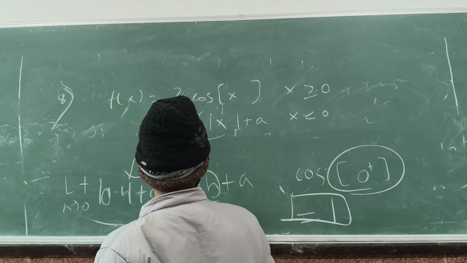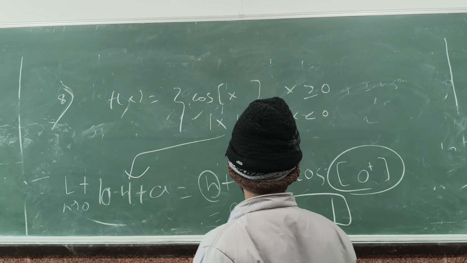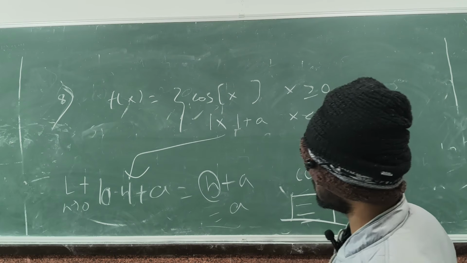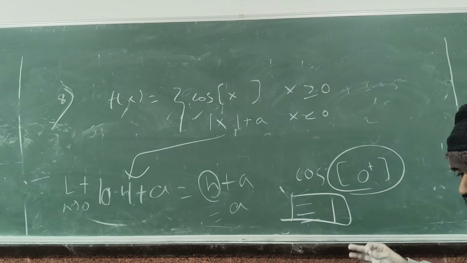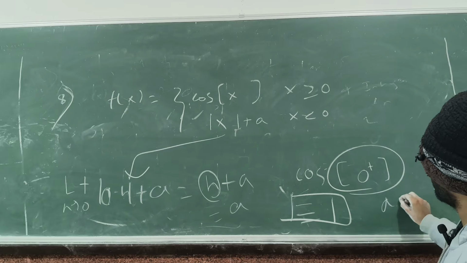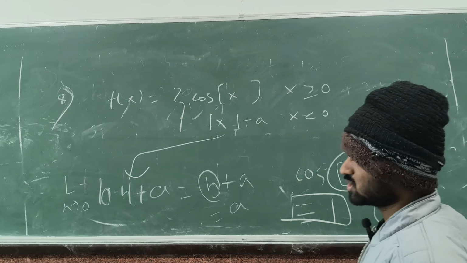Since h equals 0, it is a. Since they said the limit exists, means LHL equals RHL, means a equals 1.